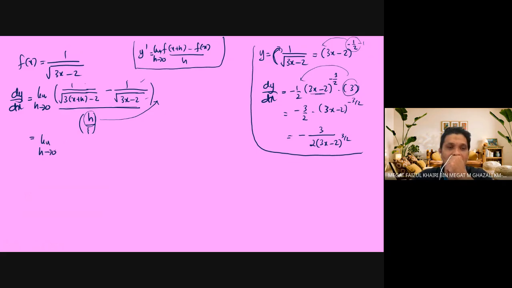Okay, this one, h over 1 is 1 over h, and then 1 over square root of 3x plus 3h minus 2 minus 1 over square root of 3x minus 2.